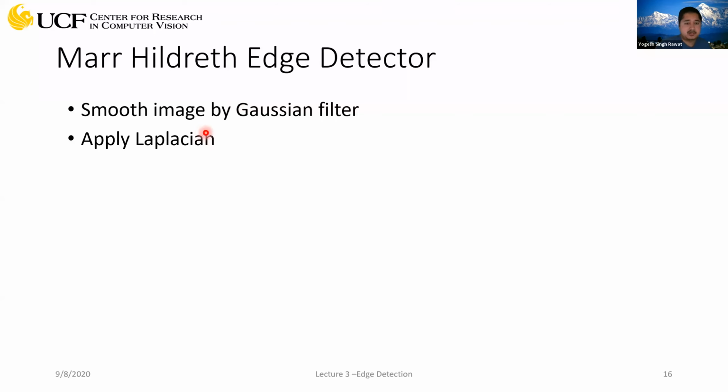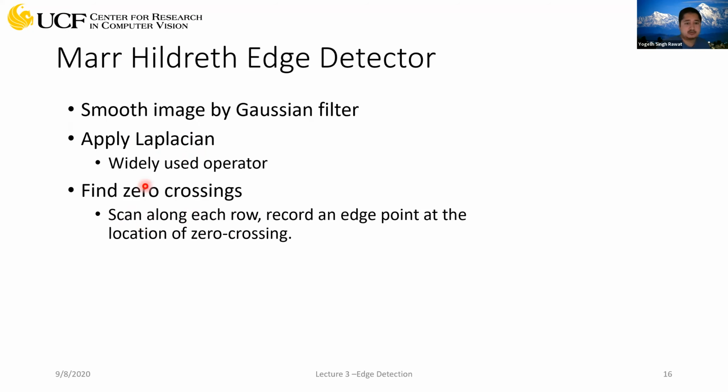Then we'll have to apply Laplacian, and this is a second order derivative. This is a widely used operator, and I think you all must already know what Laplacian is. And then we'll have to find zero crossings. So for zero crossings, first we'll have to scan along the x-axis, and then we'll have to repeat that along the second axis.